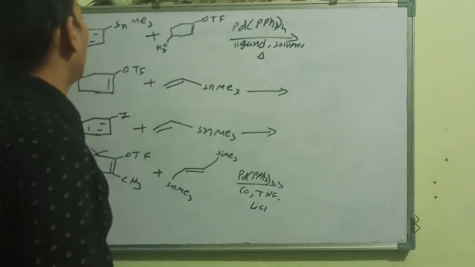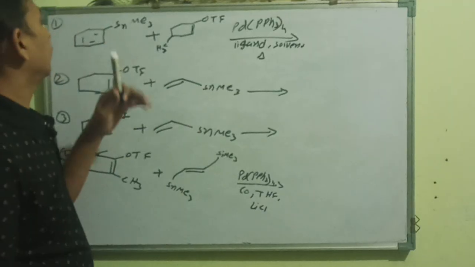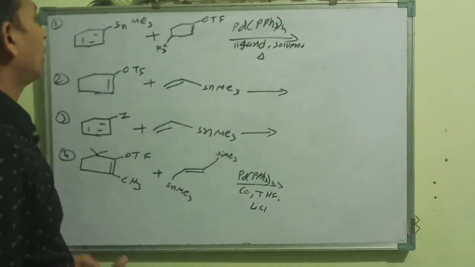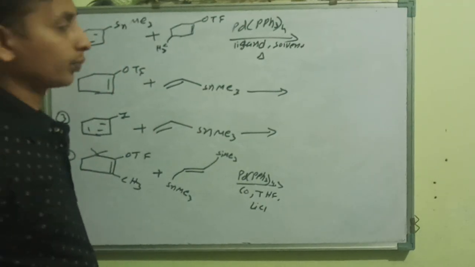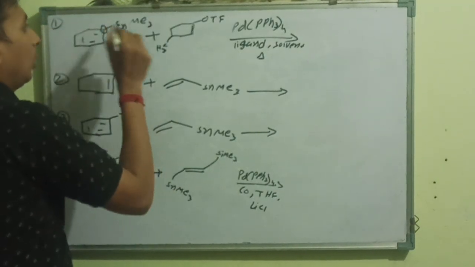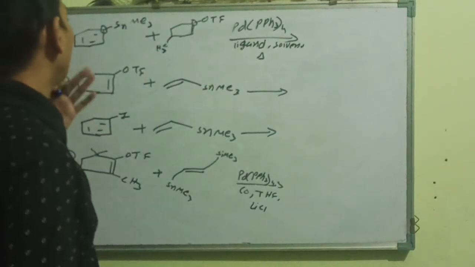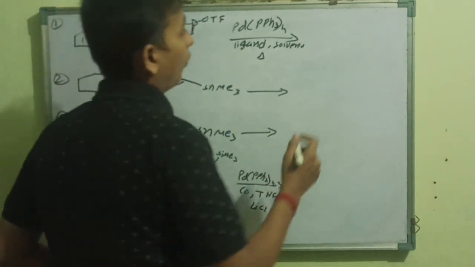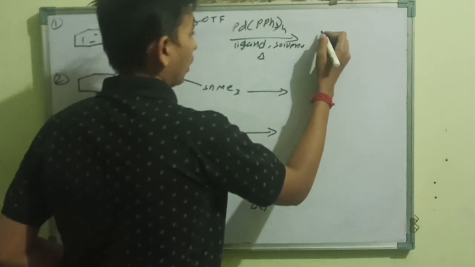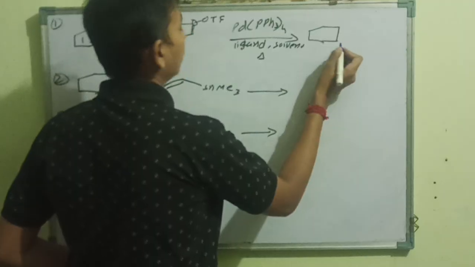For the first question, tin will be here, SnMe3. This carbon and this carbon will form a bond and the product will be formed. It is a simple reaction, a very easy question.